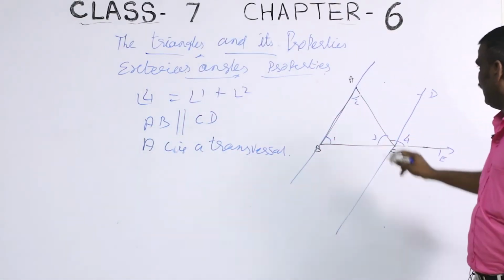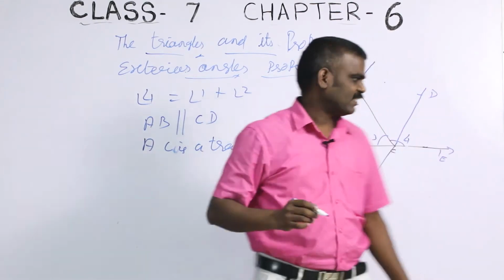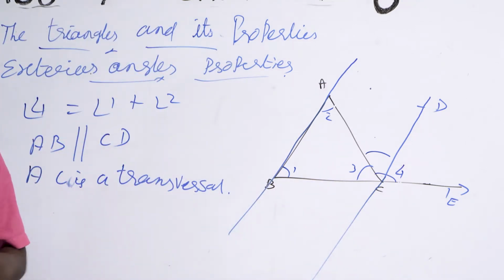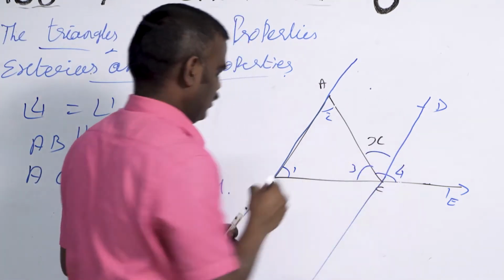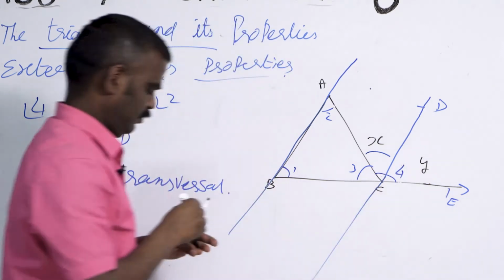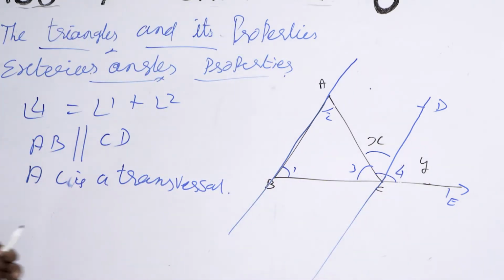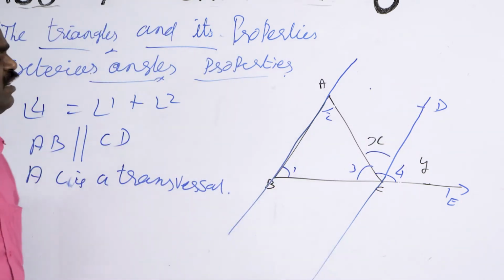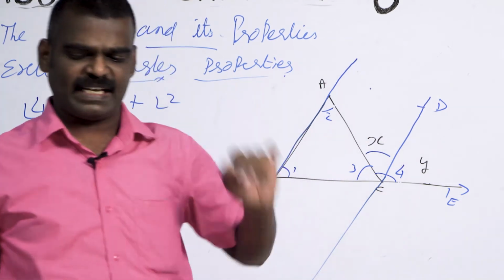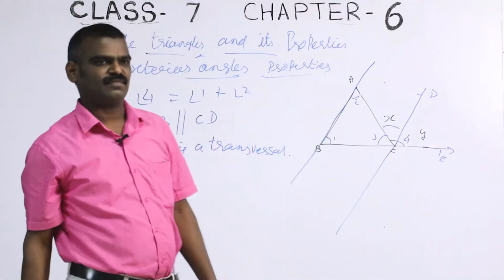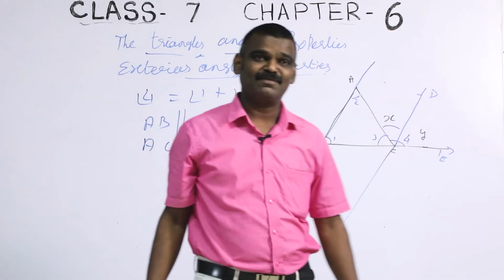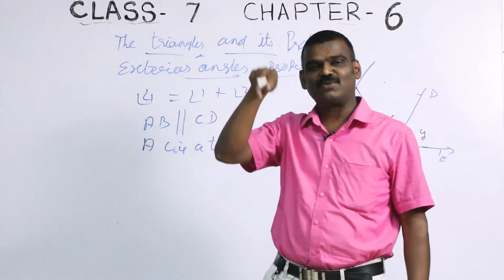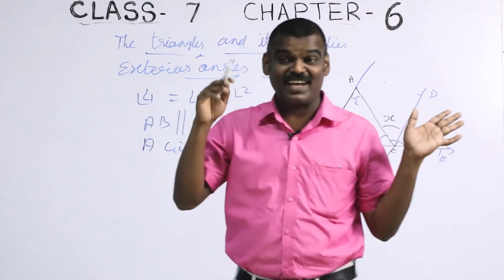If AC is a transversal, then suppose I write this angle as X and this as Y. If these two lines are parallel and AC is a transversal, what is the relation between angle 2 and X? Forgot, right? Last class I explained all those angles: parallel lines, transversal, corresponding angles, alternate interior, alternate exterior. Do you remember?